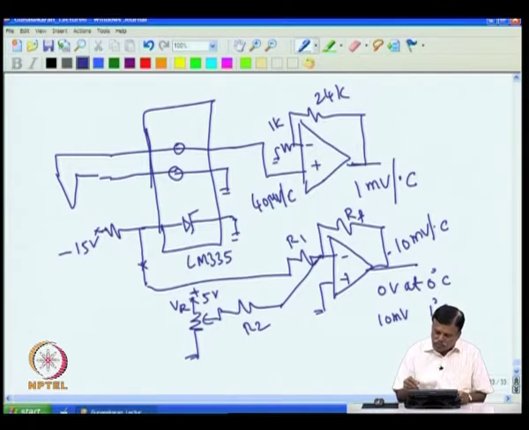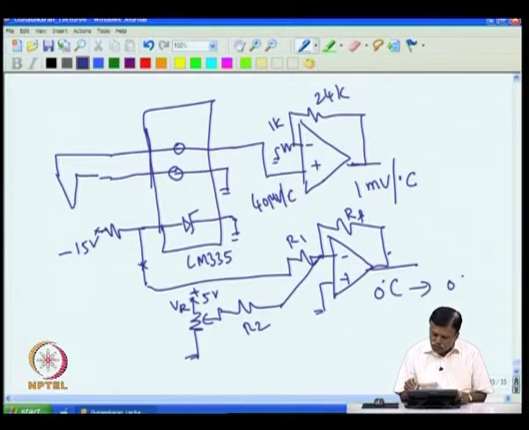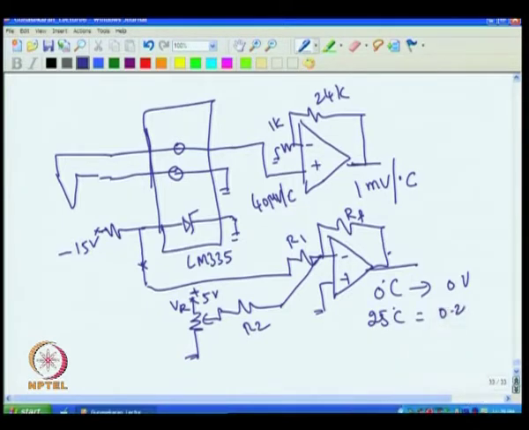So essentially, now here at 0 degree C you will get 0 volt, then at 25 degree C you will get 0.25 volt, at 100 degree C for example you will get 1 volt. That is what happens. That can be adjusted here.